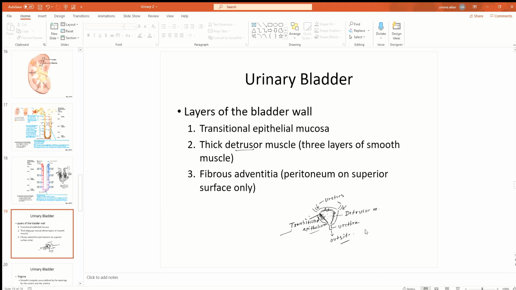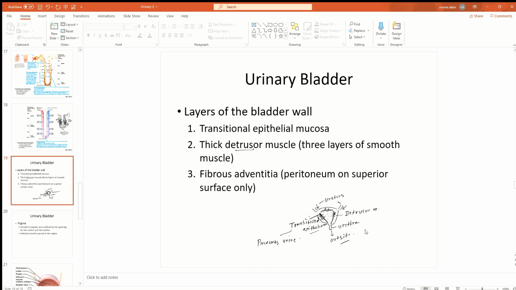One is it prevents urine from going back into the body. And number two, it has elasticity, so when the bladder is big, it can change its shape, gets more stretched, and when the bladder is empty, it can squeeze. So those are two important properties.